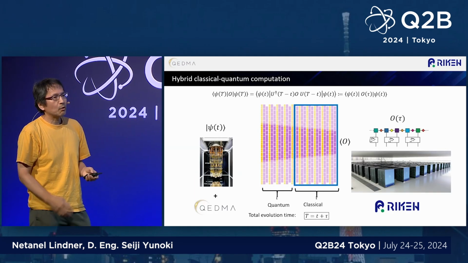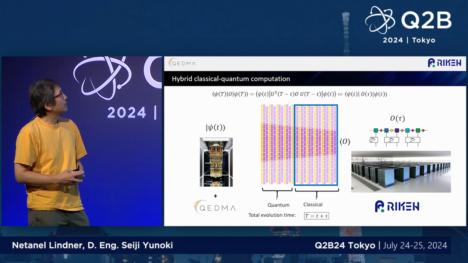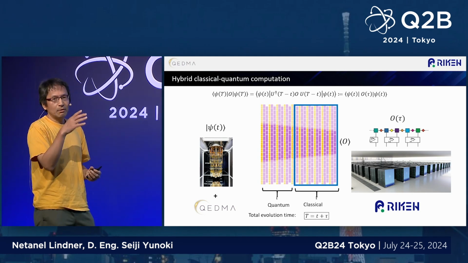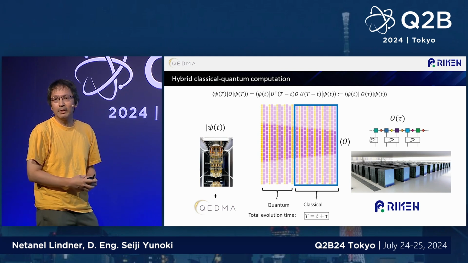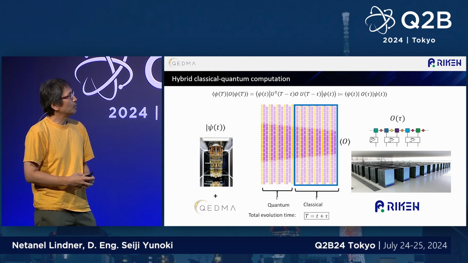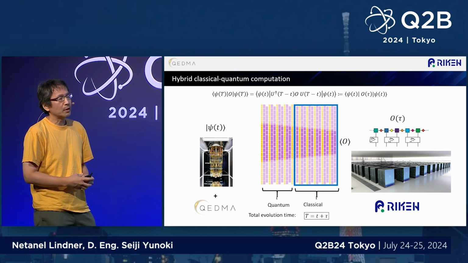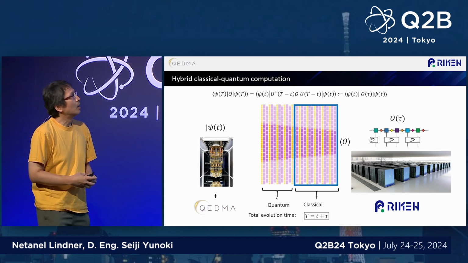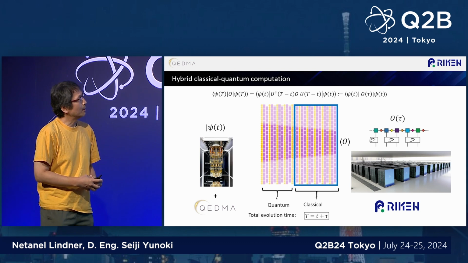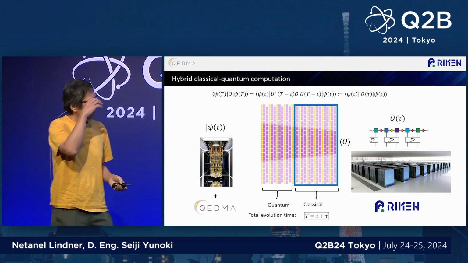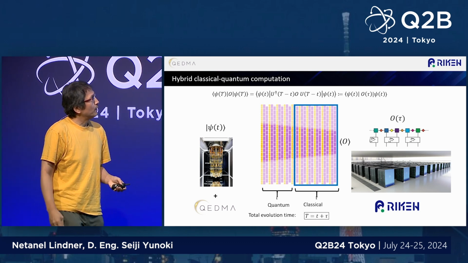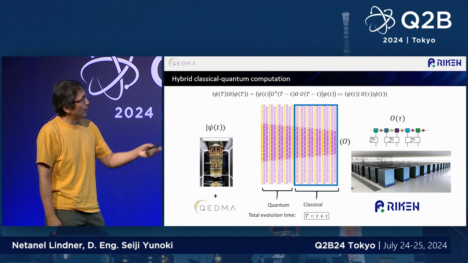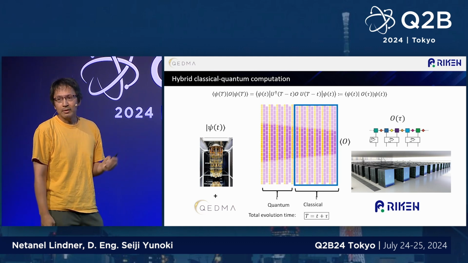Now, how can we combine classical and quantum computations to increase the number of steps that we can reach, to take an expectation value with a given desired accuracy? Our main idea is very simple: to divide the total evolution time, large T, into two parts.